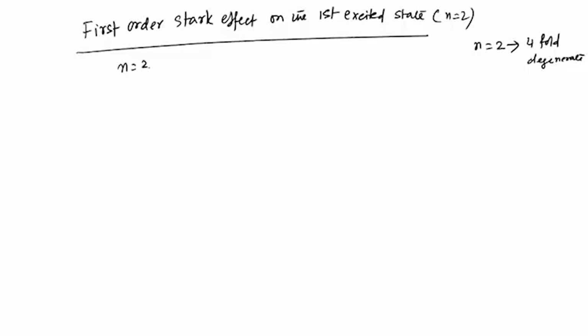Because if n is equal to 2, L can take values 0 and 1, and ML can correspondingly take values: if L is 0, ML is 0, if L is 1, ML is 1 or 0 or -1. So, we have n equal to 2, L equal to 0, ML equal to 0. This is called a psi 200 state in the notation that we use, psi NLM.